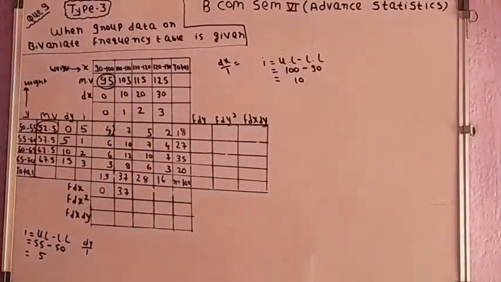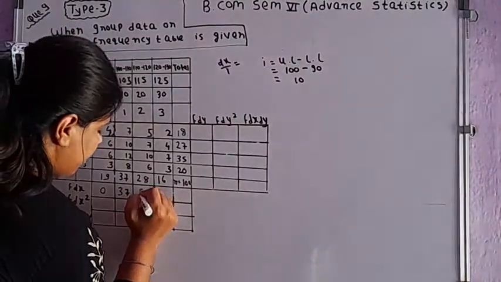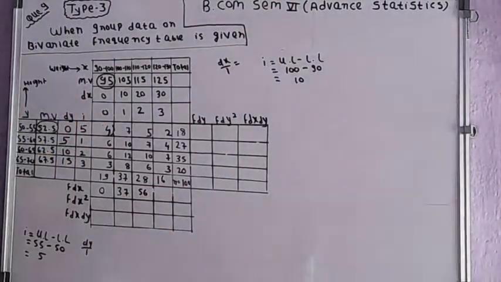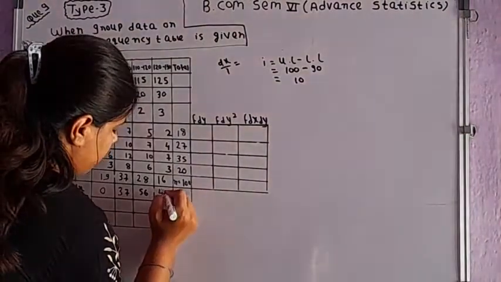Then 28 into 2, 56. After that, 16 into 3 comes to 48.